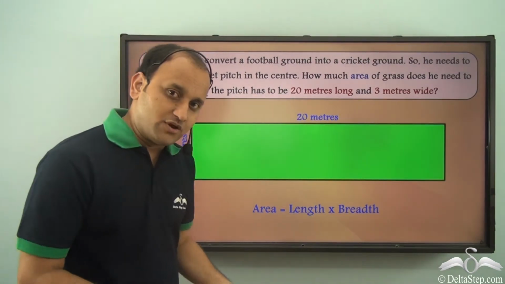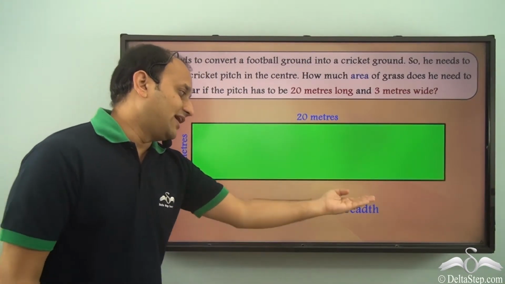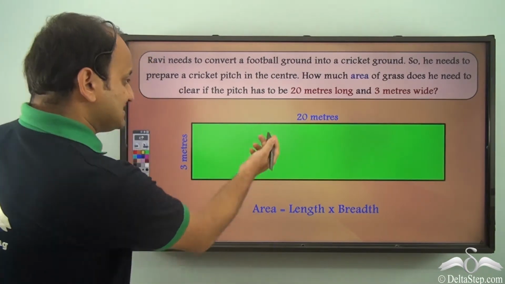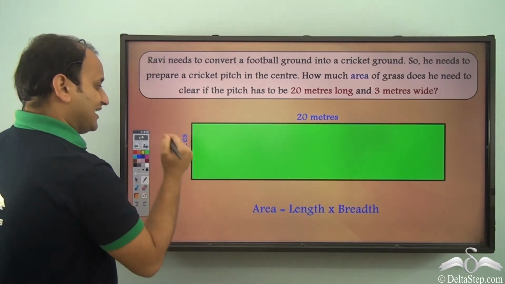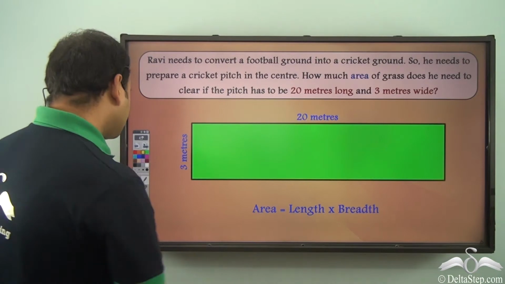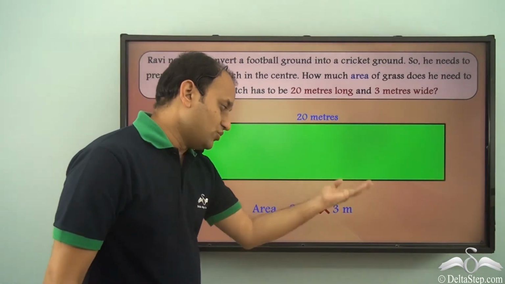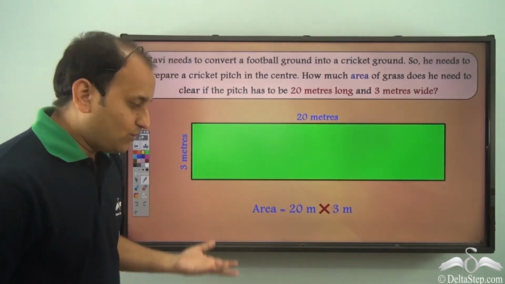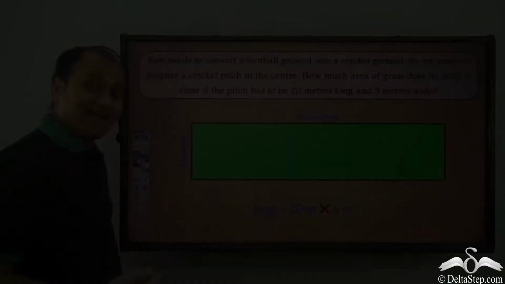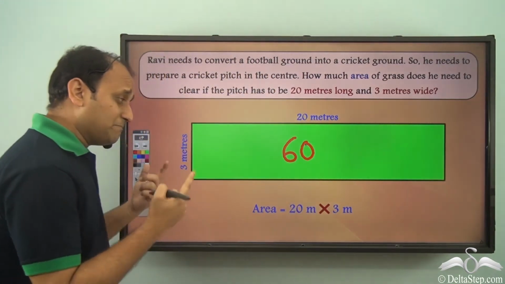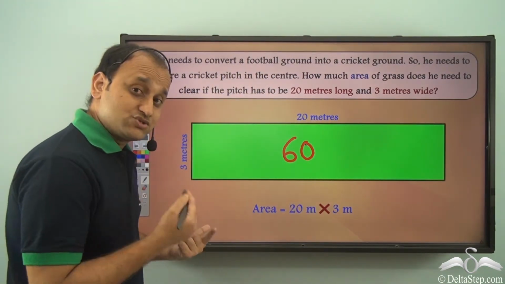And what is the formula for area? It's length into breadth of a rectangle. So in this case it will be 20 into 3. So 20 meters into 3 meters. So what will be the area in this case? It will be 60. Will it be meters or square meters?